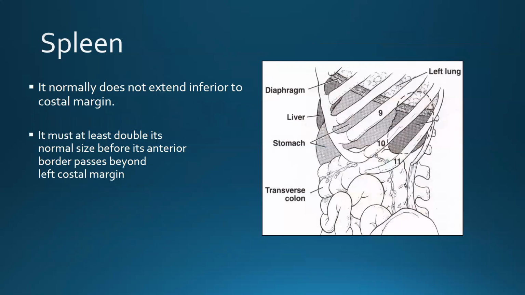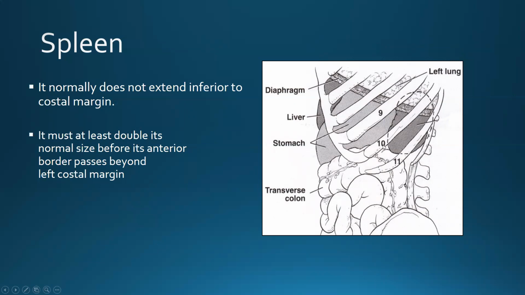A normal spleen will not be palpable. This is how it looks. It is really deep, located posterior to the stomach. So there is no way we can palpate the spleen in a normal person. But if the spleen is enlarged, that means it's really, really large.